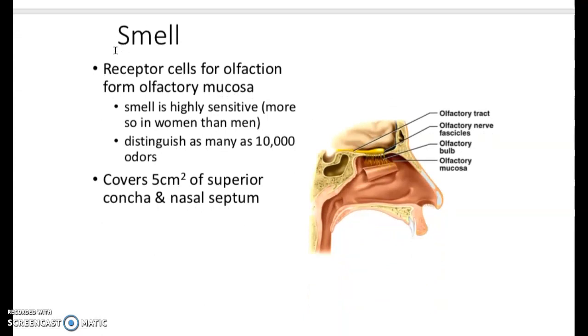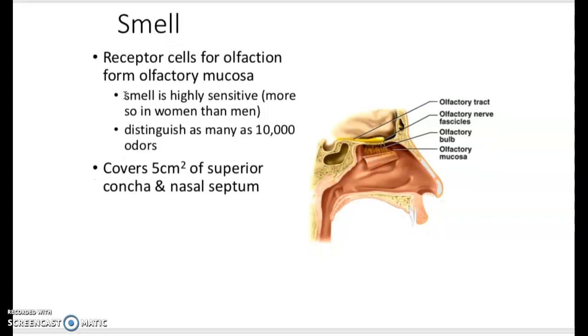So smell is pretty similar. The nose here, so this is like the outside of the nose, this is the nostril here, and then inside the nose, at the top here, there's the olfactory bulb, and then the nerve here, there's actually little hair-like cells that stretch out, and they go into your nose here, and they're able to help you smell.